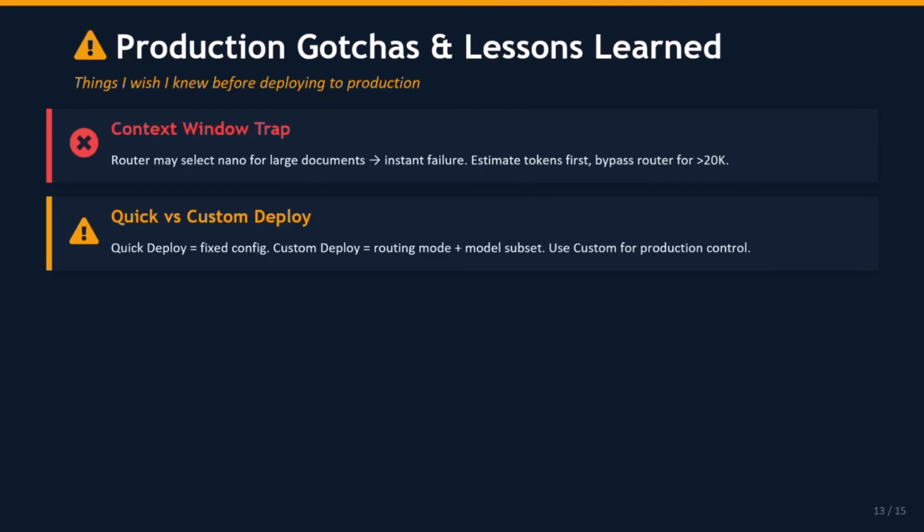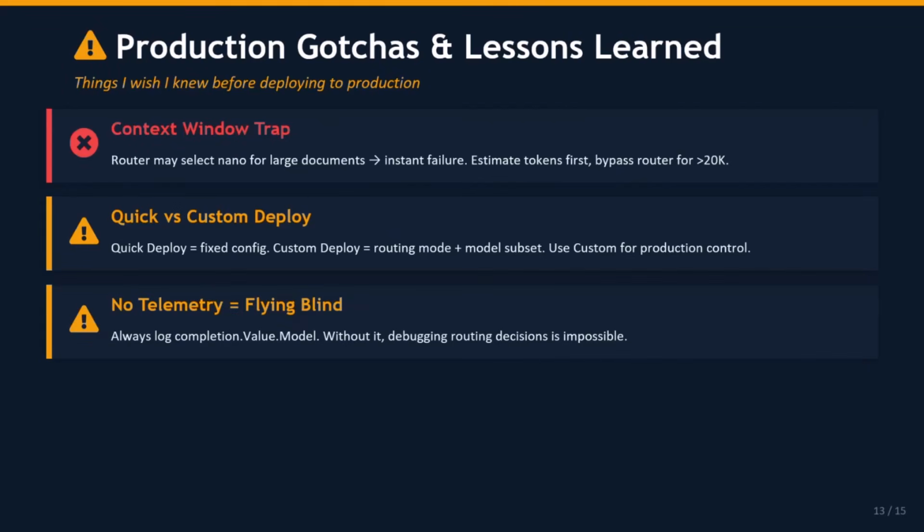Number two, quick vs custom deploy. Quick deploy gives you zero control. It fixes balanced mode, all 18 models. If you want to choose your routing mode or exclude certain models, you need to use custom deploy. Number three, no telemetry, called flying blind. Always log completion.value.model, always, because we wasted 2 weeks debugging before adding this.